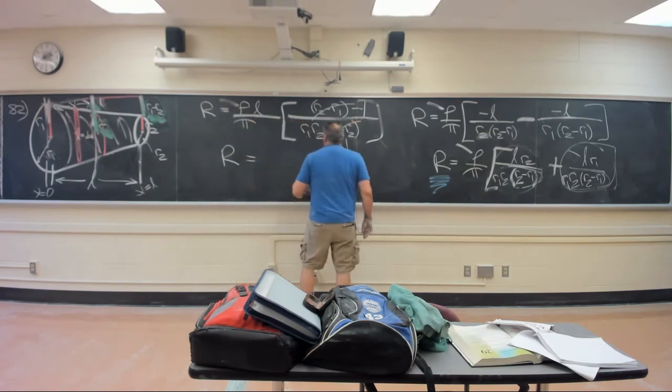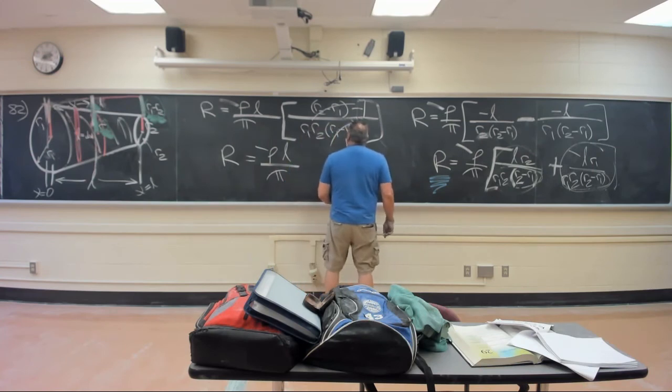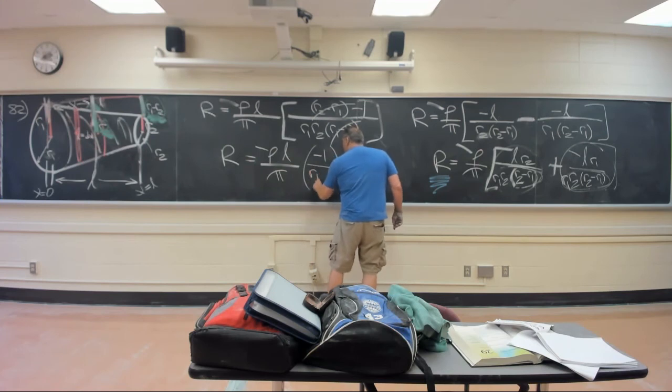Here's a negative here. You've got negative rho L over pi, negative 1 over R1, R2.